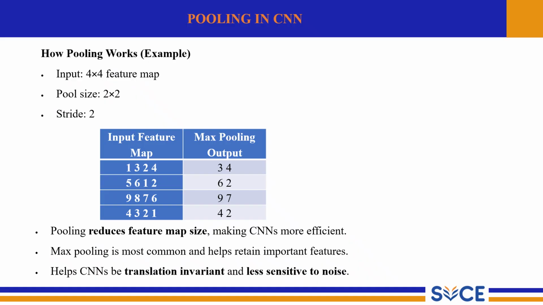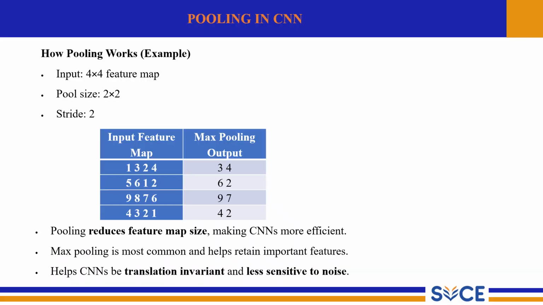So using maximum pooling, we take the maximum value from each 2 by 2 region. Pooling is an important step in CNN. So here the output will become, from the first row 1, 3, 2, 4, the maximum values for the 2 by 2 regions are 3 and 4.